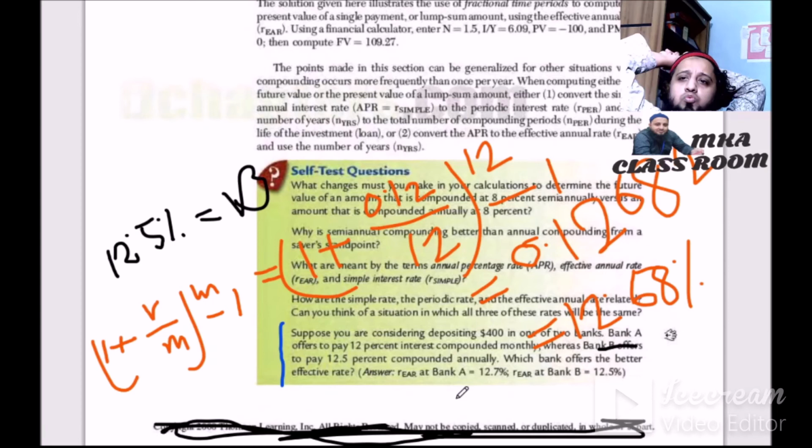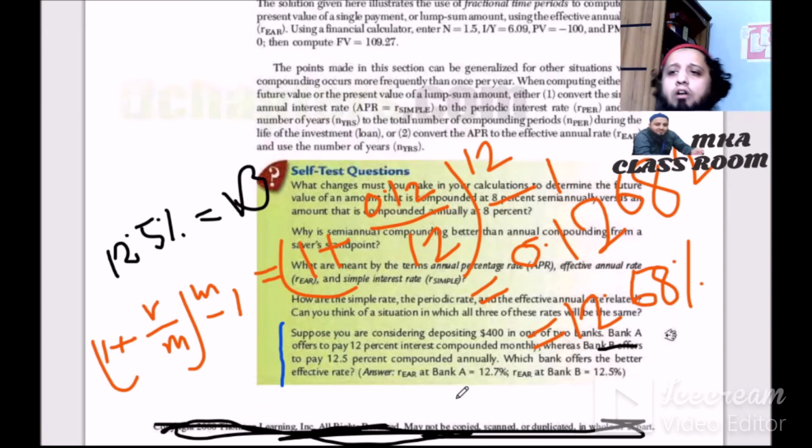Now what should your decision be? Which bank offers the better effective rate? Obviously, bank A offers the better effective annual rate. So you can invest your fund in bank A rather than bank B.